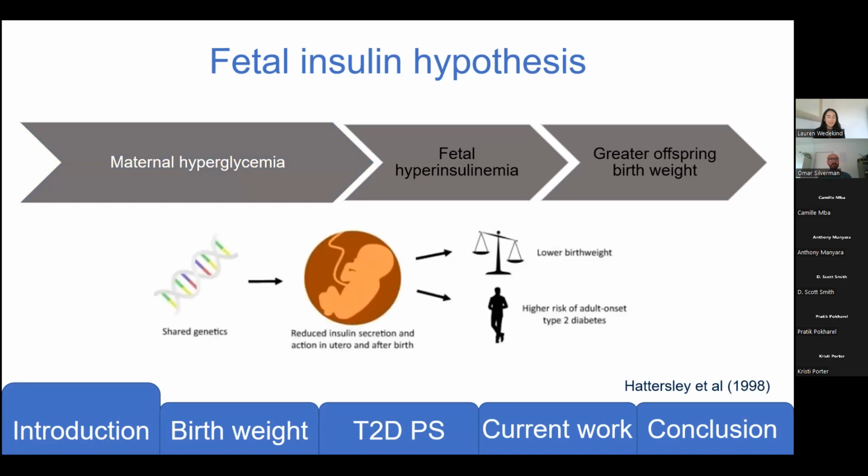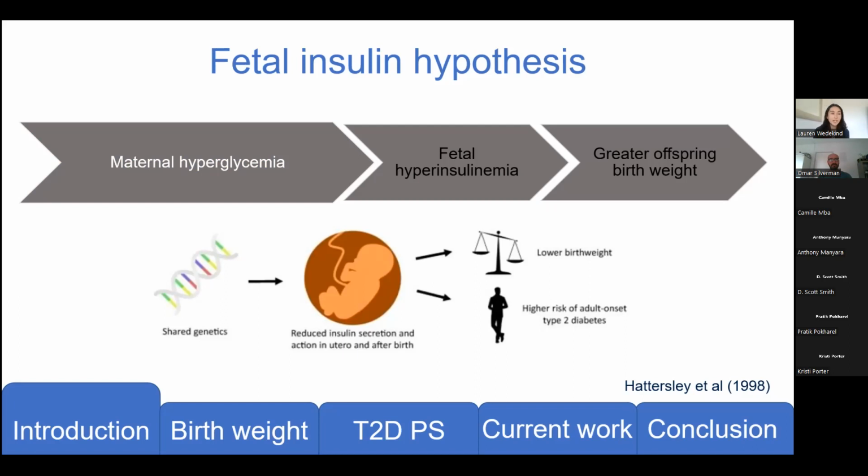So basically, overall, there's this shared genetic predisposition to hyperglycemia. So if the mom has a genetic predisposition to hyperglycemia, maybe a predisposition to type 2 diabetes, then that can confer a greater birth weight in the offspring or a lower birth weight in the offspring and a higher risk of diabetes later on, kind of indirectly.